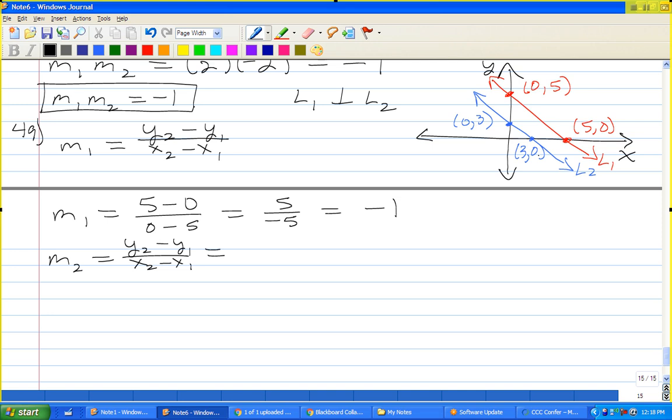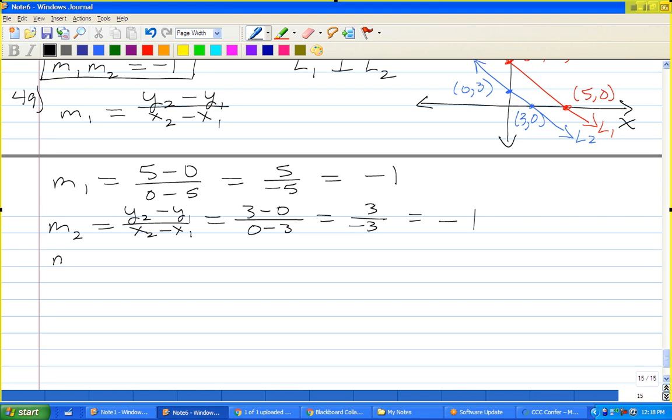And so let's do 3 minus 0 over 0 minus 3. So we get 3 over negative 3. Positive divided by negative is negative. 3 divided by 3 is 1. And so the slopes are equal. They're both equal to negative 1. Of course, that's a true statement. The slopes are equal. Therefore, these two lines are indeed parallel.